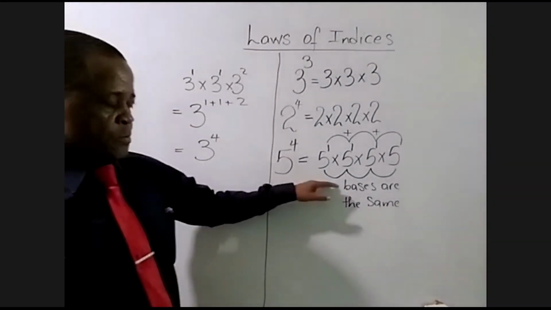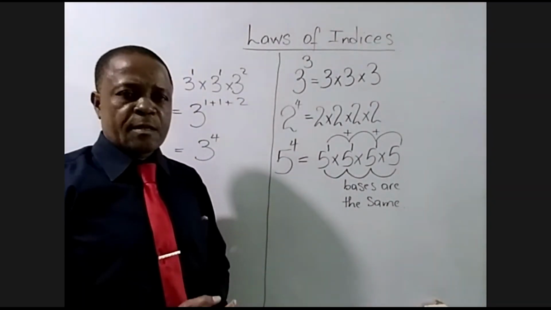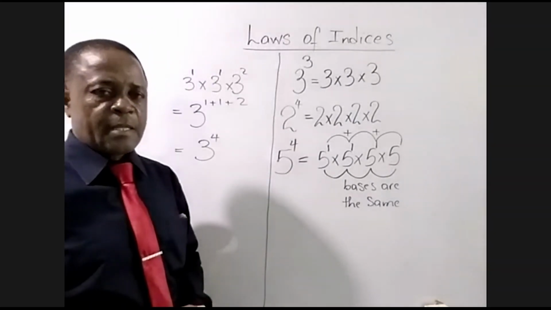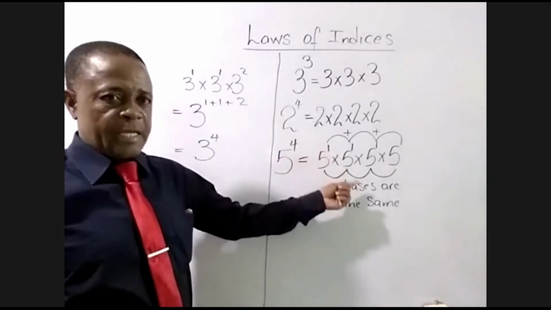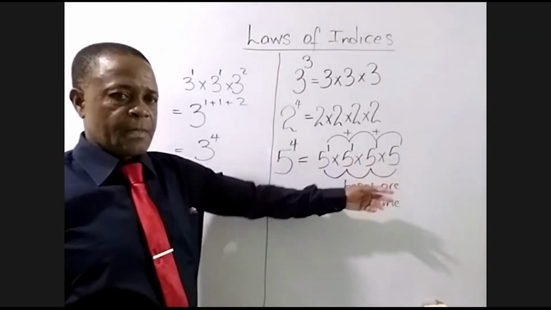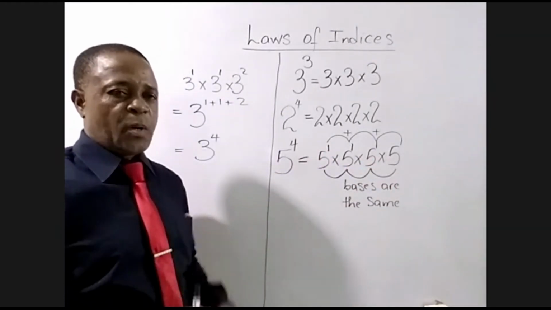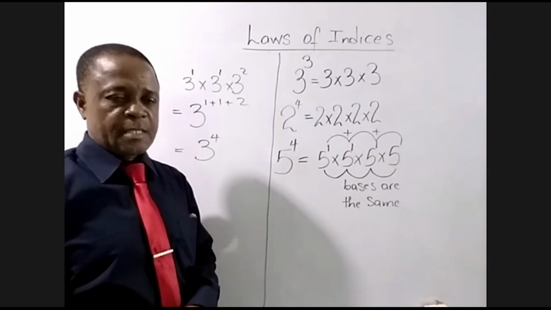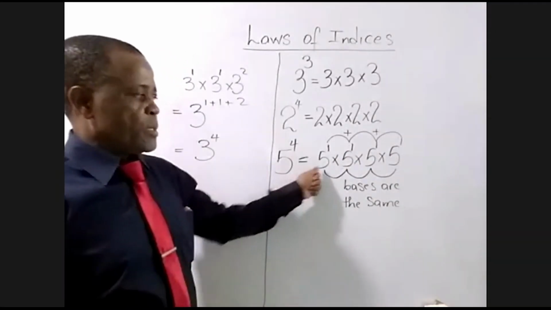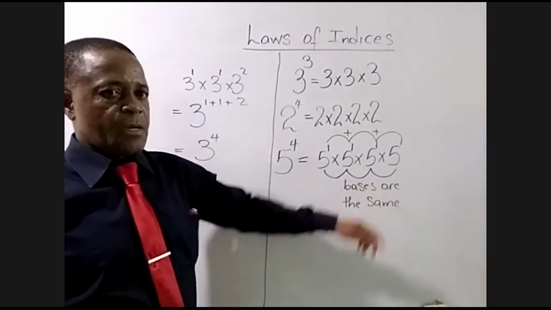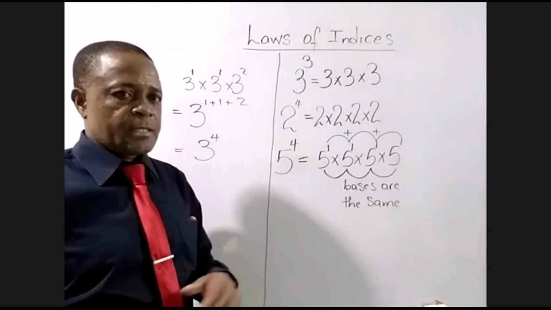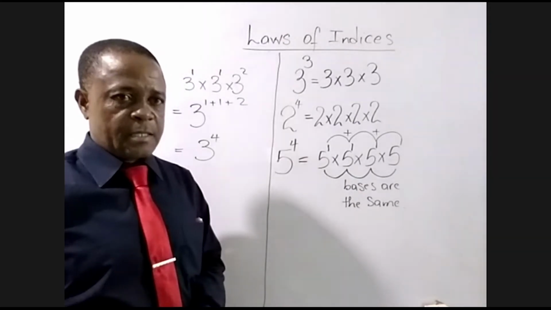So I will tell you the first law, which is the multiplication law, and it says, when multiplying and the bases are the same, we add the powers and keep the same base. So when multiplying and the bases are the same, we add the powers and keep the same base.